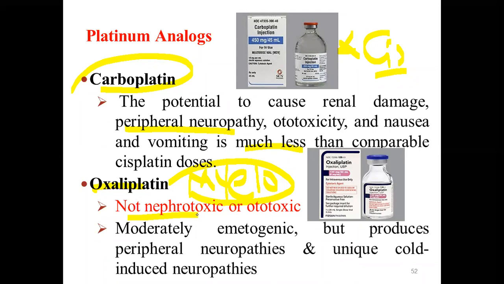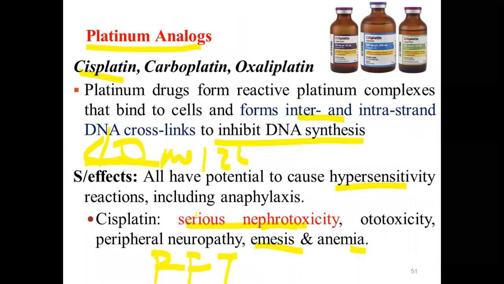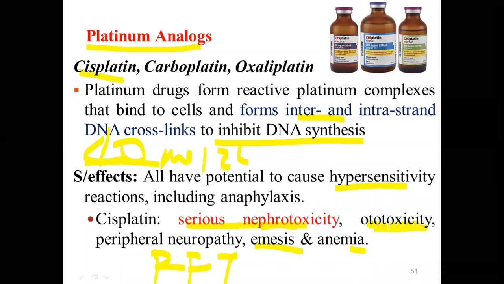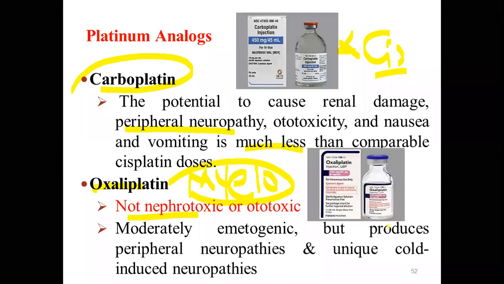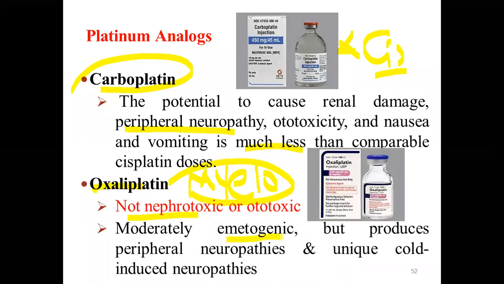But patients who have taken platinum analogs usually complain of ringing in the ear, what we call tinnitus. This is very common with cisplatin administration because of some damage to the ear. Oxaliplatin has moderate emetogenicity potential.